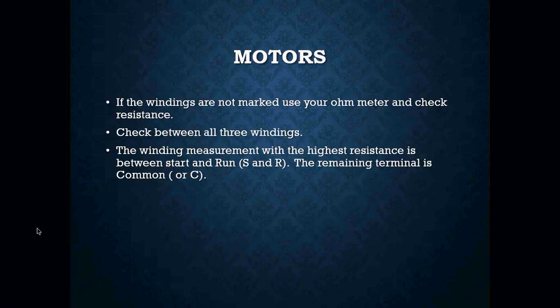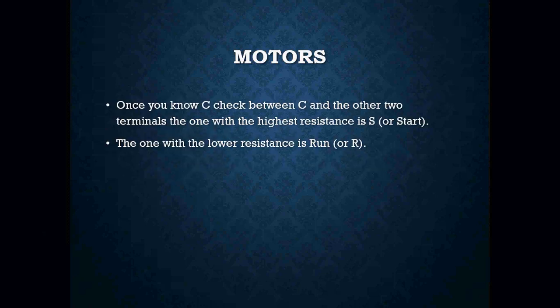If a motor's windings are not marked, you can use an ohmmeter and check for your resistances. You're going to check between all three windings. The winding measuring the highest resistance between the start and run is going to be your common. Once you find your C, check between C and the other two terminals.